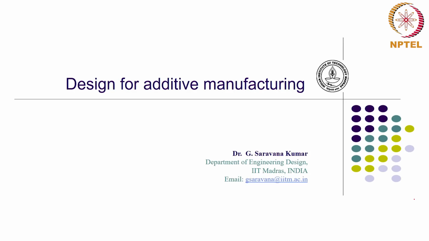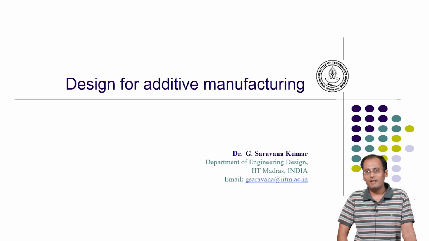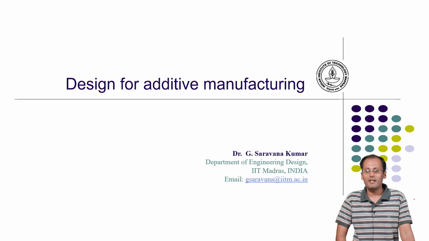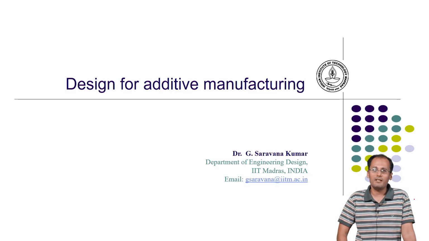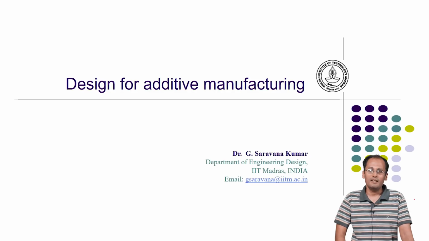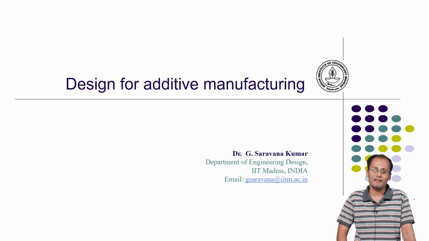Then technologies like fused deposition modeling and selective laser sintering were introduced. These technologies have matured over the years, and now we have additive manufacturing for metallic parts with consolidation as good as that obtained by other near net processes like casting or forging.